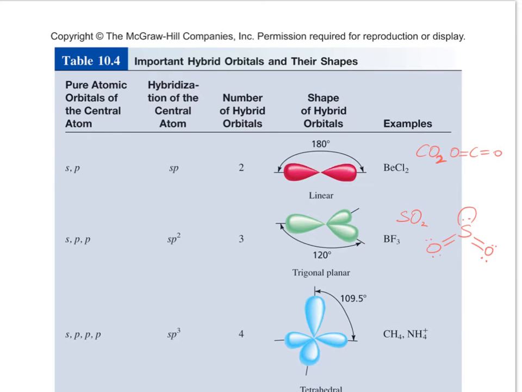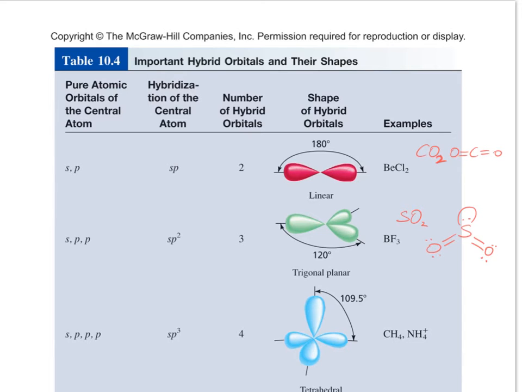So if I ask you what's the hybridization state of the central atom in sulfur dioxide, you need to first get the Lewis structure and then figure out there are 2 bonding pairs and 1 lone pair, 3 of them leading to a trigonal planar arrangement of the 3 pairs, including lone pairs, and this arrangement leads to the sp2 hybridization state of sulfur.